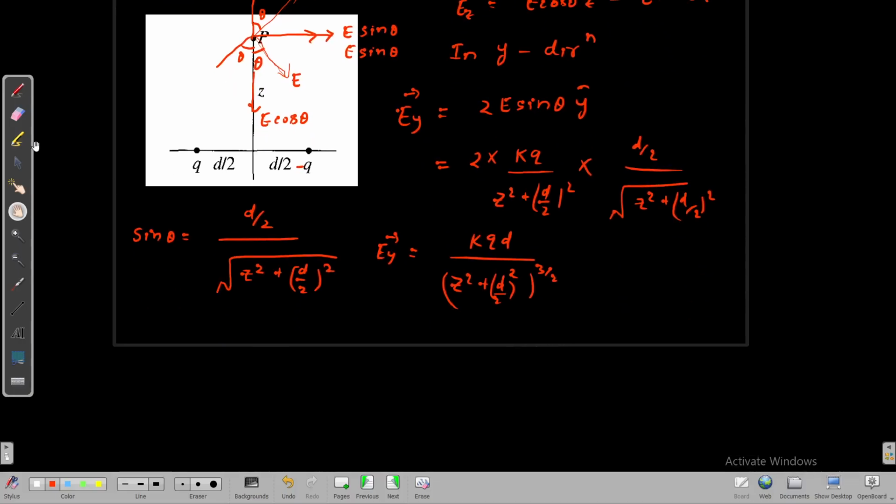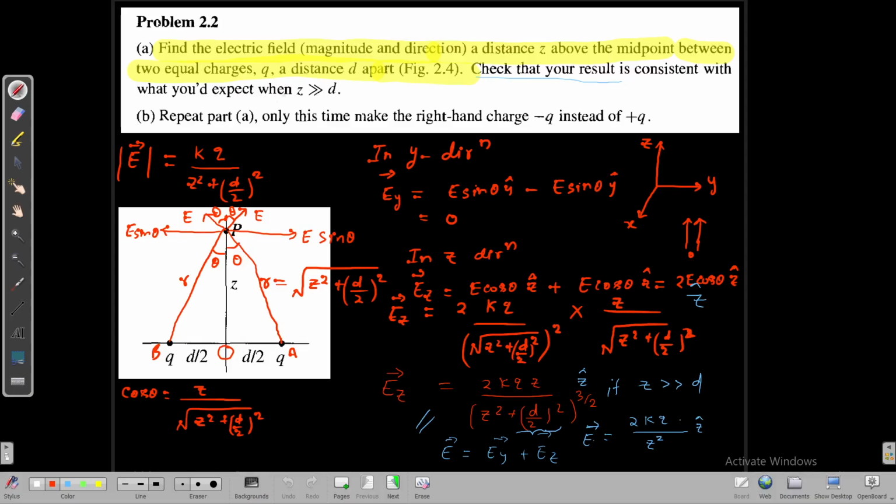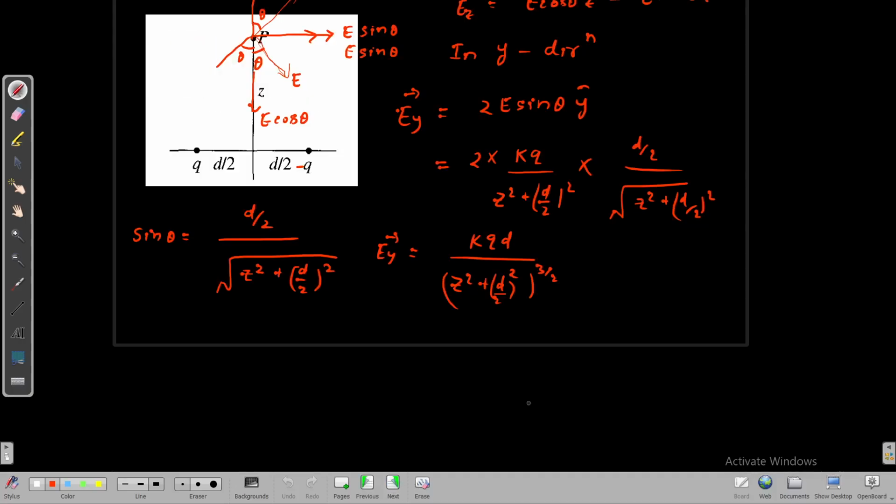Now let me go to the previous page. What if z is greater than d? What if z is very, very greater than d? Let me change the color.